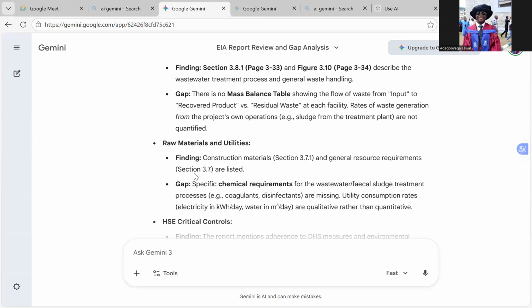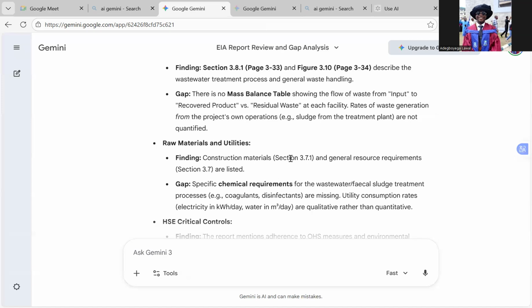Raw materials and utilities, specific chemical requirement for wastewater, fecal, sludge, like coagulant, disinfectant are missing. Utility consumption rates, this electricity per day, water per day are qualitative rather than quantitative. So there is no specific quantity of electricity that is being used per day or water used by day. So these are gaps that you can put in as comment.